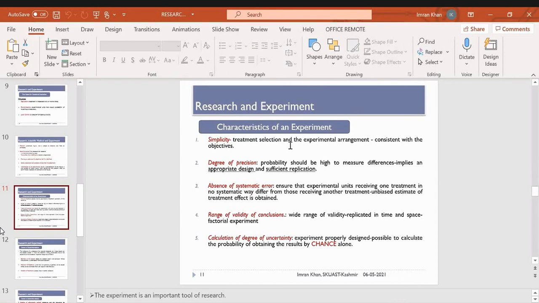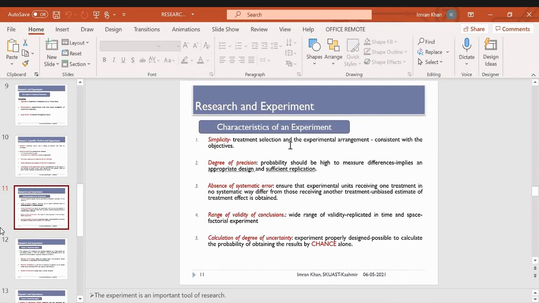Because in research you have to frame your objectives, and as per the objectives, you need to select what types of treatments you are going to test and what should be the arrangement of your experimental units. It all comes under your plan of experiments.